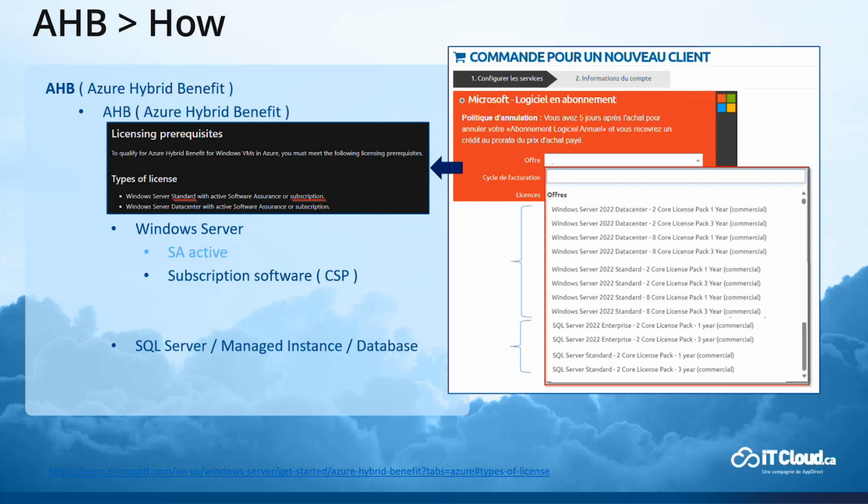After that, for SQL, the Azure Hybrid Benefit is suitable for bigger infrastructure, bigger servers. I mean, if your customer is ready to go with a 3 years commitment, the hybrid benefit is better for us in distribution.